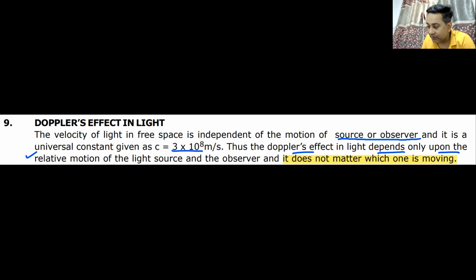What matters is whether the distance is decreasing or whether the distance is increasing. Do we understand this? Yes, sir. Okay, I'll give you a minute to note this down.